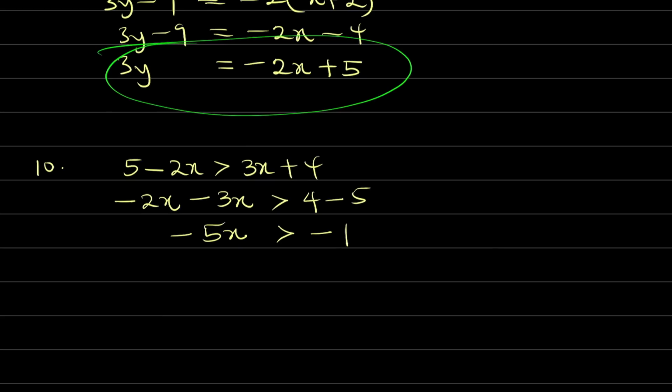Now we need to divide by a negative value, which is minus 5. Remember what we said about the sign in the middle when you divide by a negative sign. The sign must change, making our inequality become x is less than 1 over 5. This is our final answer.